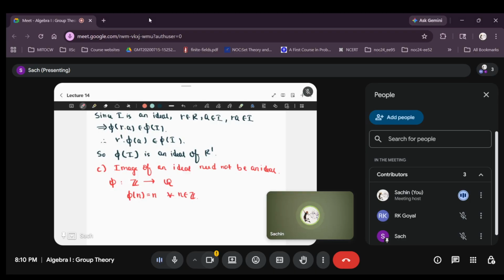So in this case, it is not a surjective function. For example, for 2 by 3, there is no integer that is mapped onto 2 by 3.